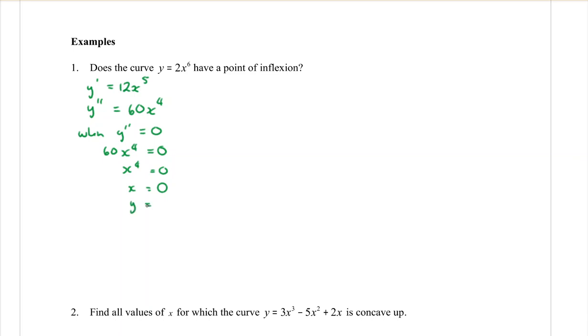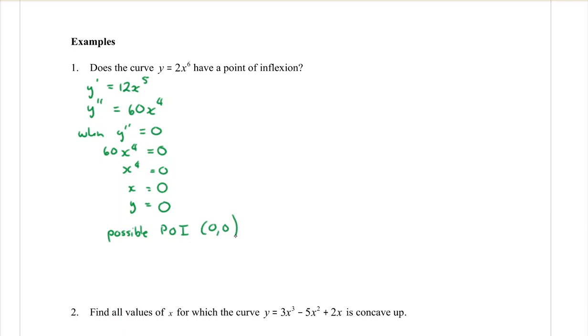So I would sub x equals 0 back into the original equation, which would also give me 0. So we have what is called a possible point of inflection at (0, 0). It is not confirmed to be a point of inflection until I test whether the concavity changes. That was that part in that table I was trying to emphasize.